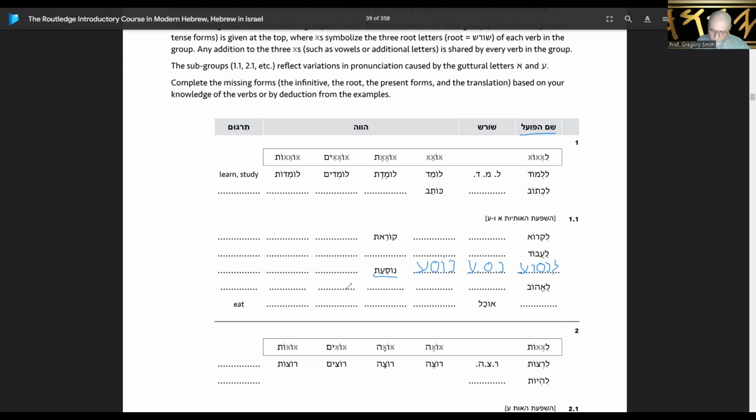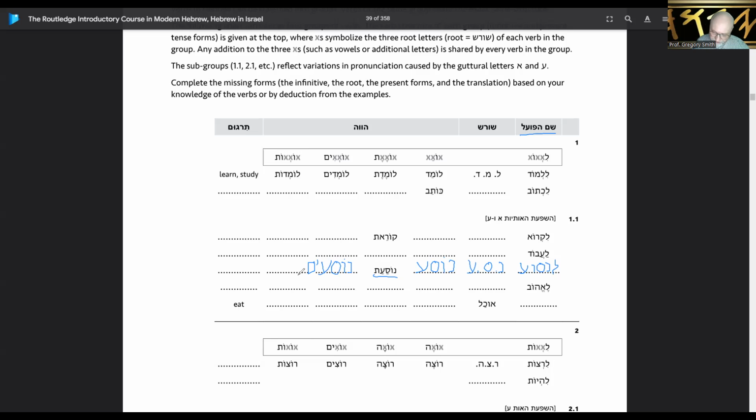How about if you were to say we are driving? Then it would be nosim. Okay, holem, samech. Nosim. Anachnu nosim, we are driving.